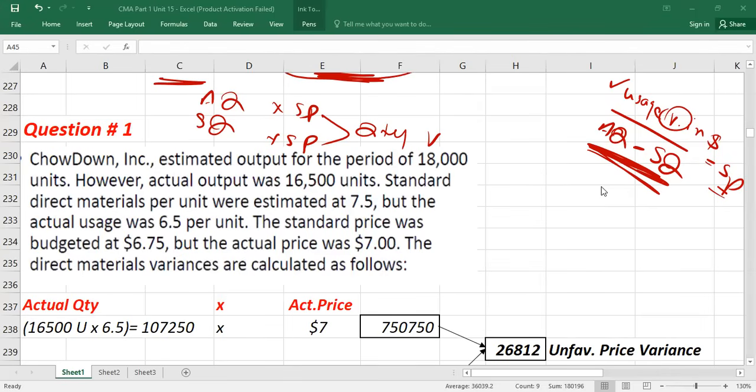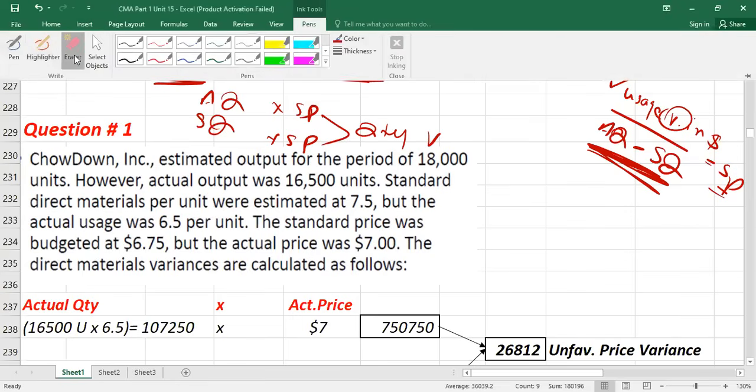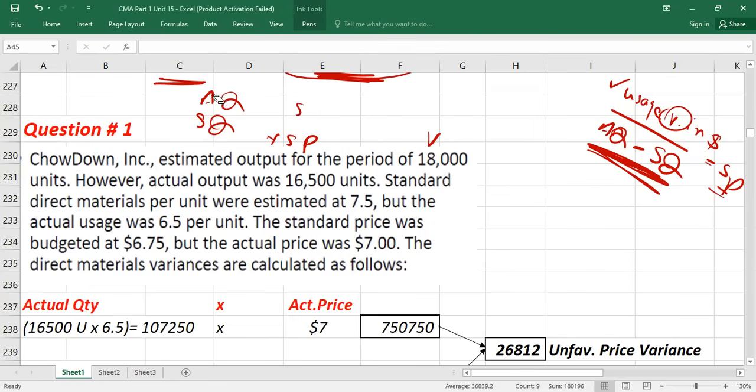Now, guys, here we have a question in front of you. Here every data is given. I'm just going to complete the format only. Here we go. For example, in this question, what data is available?